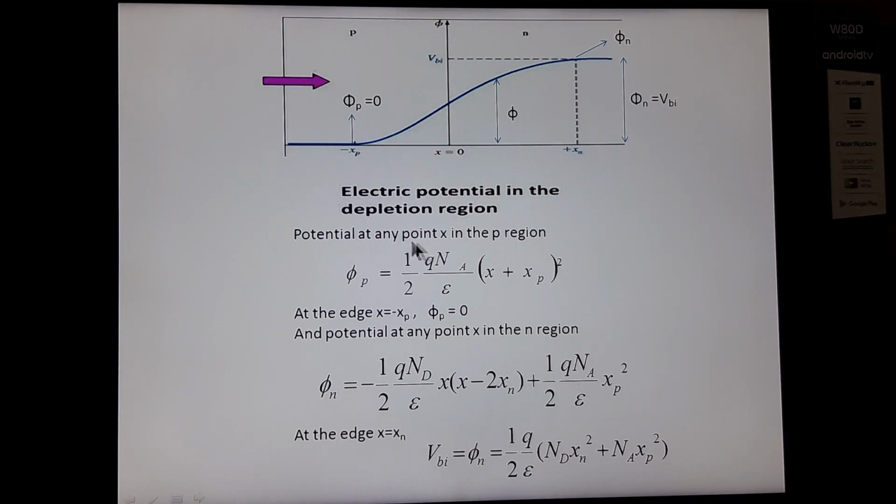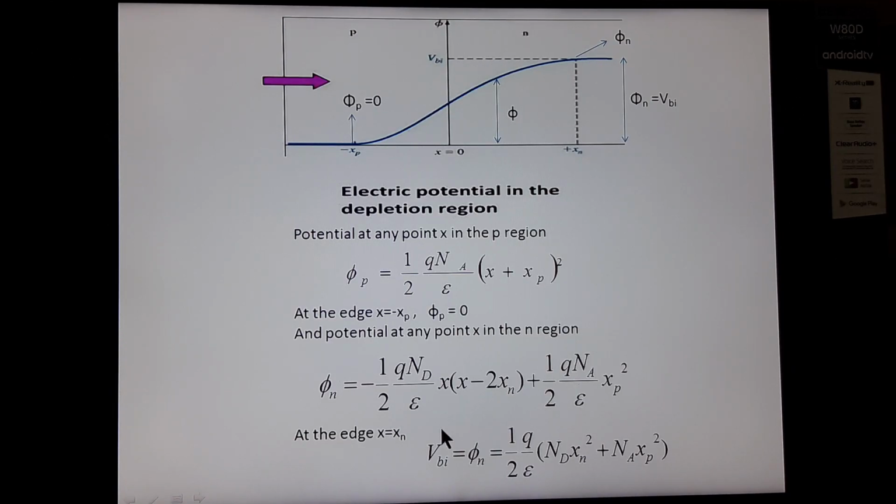The potential at any point x in the P region, denoted by phi p, may be calculated from this expression, and at the edge, that is at x equal to xp, putting the value of x equal to xp, we get phi p equal to 0. Similarly, the potential at any point in the N region of the depletion zone is denoted by phi n, given by this expression.